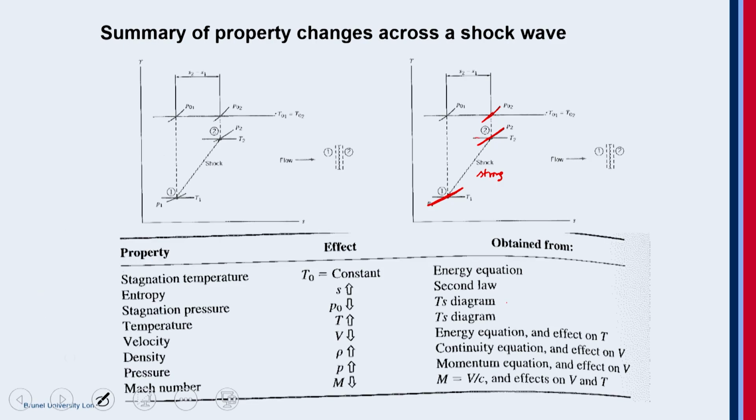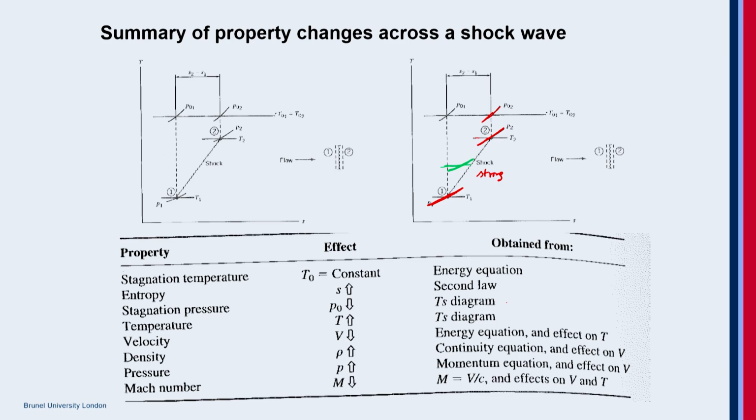Now let me consider that there is a weak shock. Weak shock means the phenomenon is the same. Whenever there is a shock, the flow jumps. But because it is weak, the static pressure increases less, and the total temperature as well.